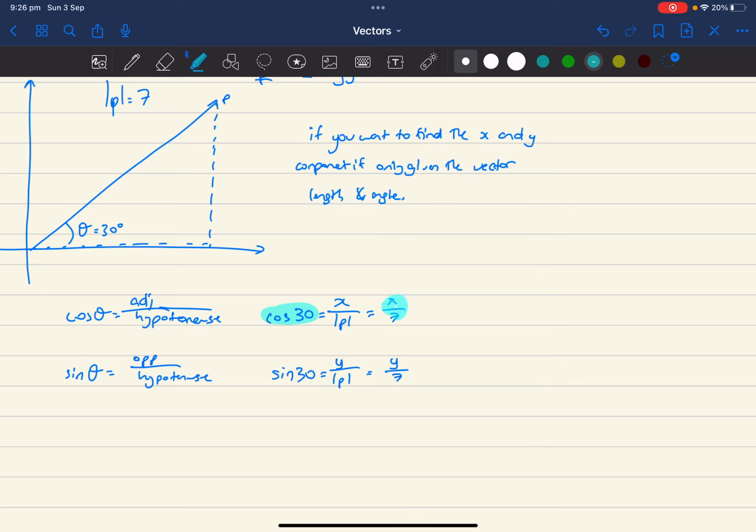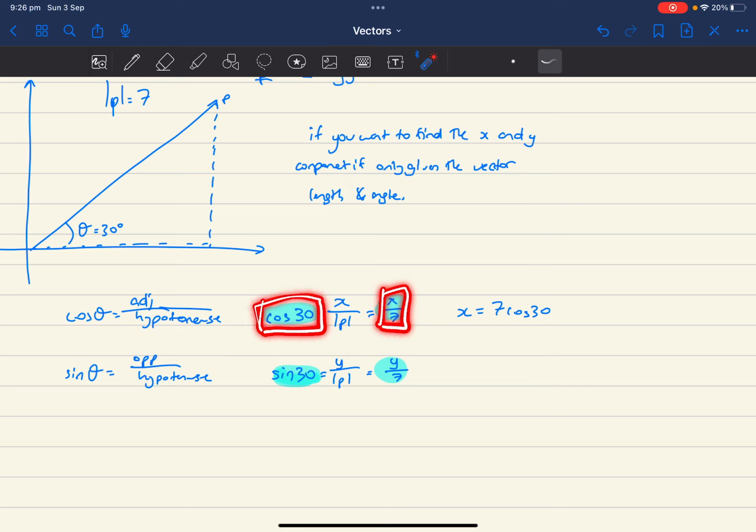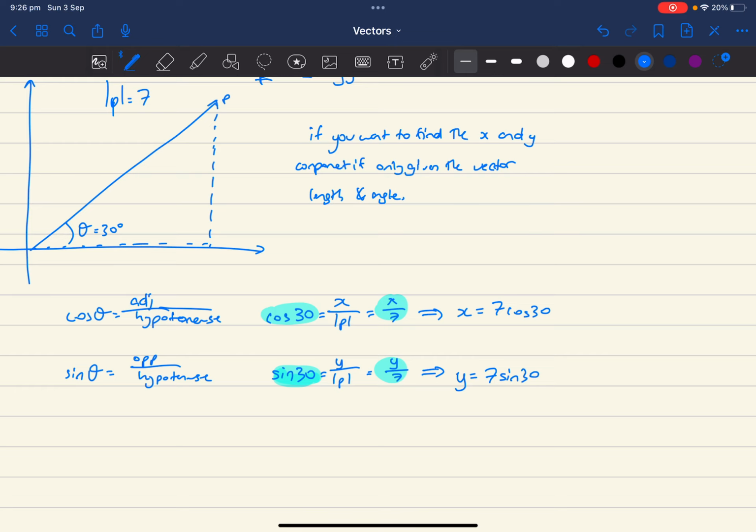If you simply rearrange for x, you can see that you get 7 cos 30, if I times both sides by 7, right? 7 cos 30, and the same for y. I get 7 sine 30, okay?